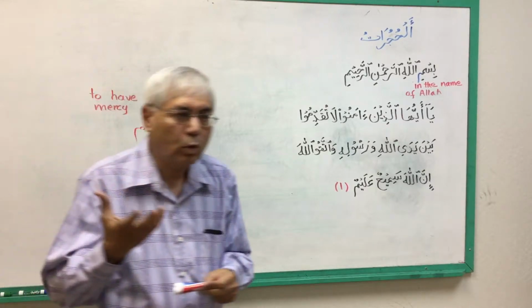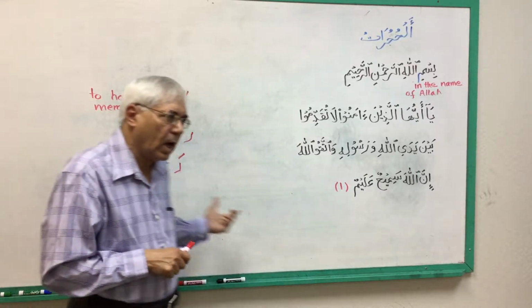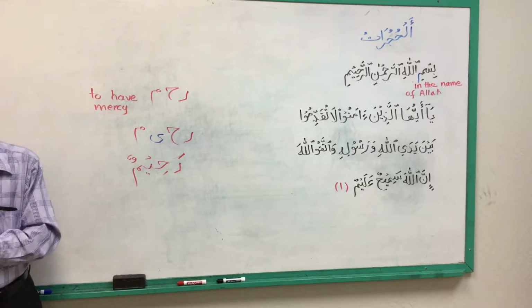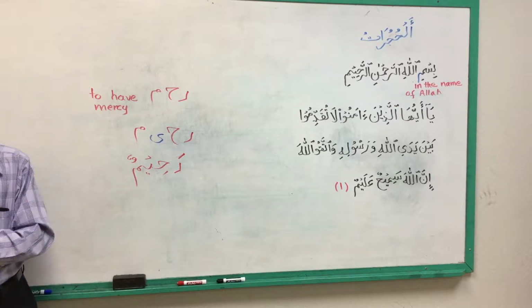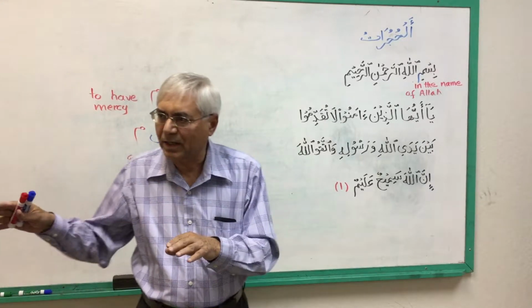Most of the Asma'ul Husna of Allah subhanahu wa ta'ala are created in this pattern: Azim, Qadir, Rahim, Shafir, Munib, all those words have the same pattern.